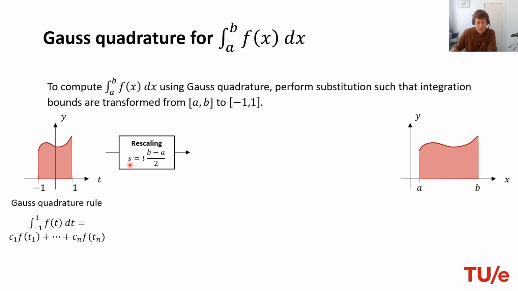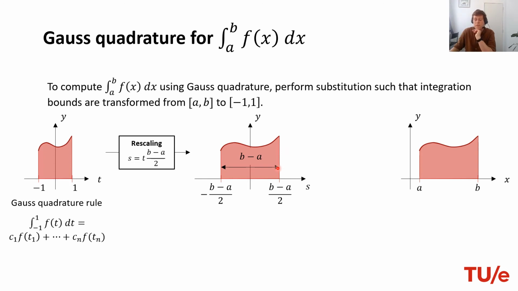And let's say that we introduce another auxiliary variable s that we multiply such that the width of s is equal to the width of ab. And that's what we have over here. So you just multiply with the half width of this interval over here, and then this will have a width of b minus a. So you see that it's wide enough now, but it's not at the correct location yet.